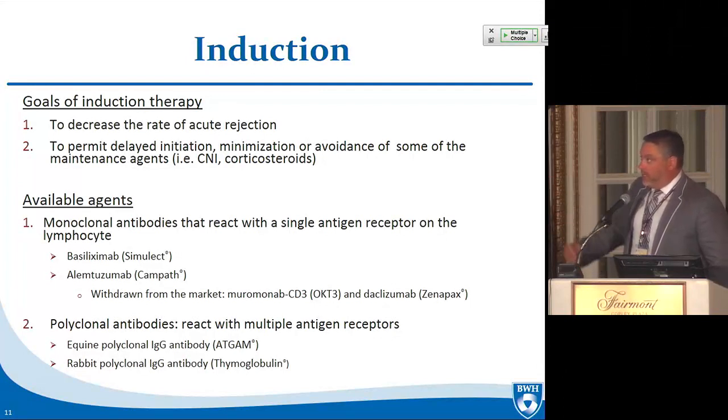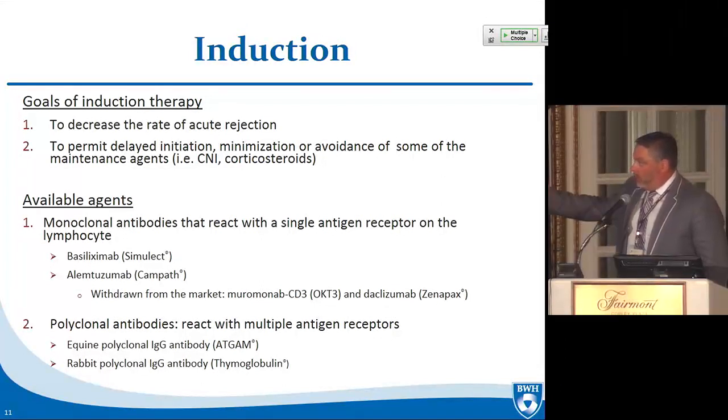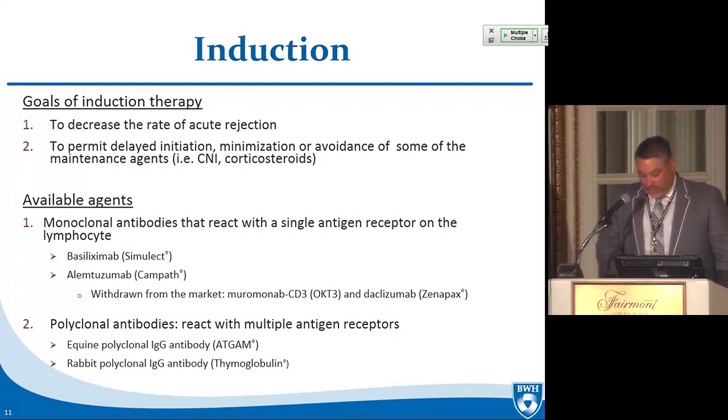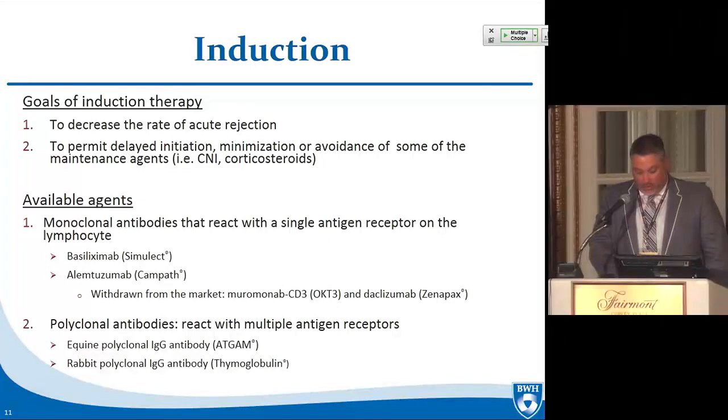We can talk about these induction agents as monoclonal or polyclonal antibodies, or monoclonal, Basiliximab and Alemtuzumab. Of course, our older OKT3 and Daclizumab are no longer available in the US. They've been off the market for about 8 years now. And then we have our polyclonal antibodies, our horse ATG and our rabbit ATG, thymoglobulin. But we don't generally talk about them as monoclonal or polyclonal.